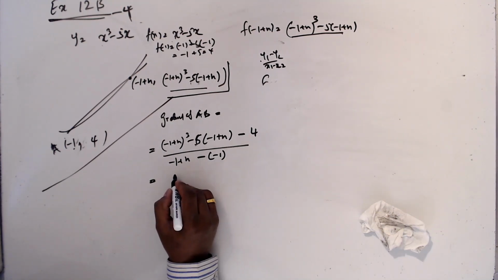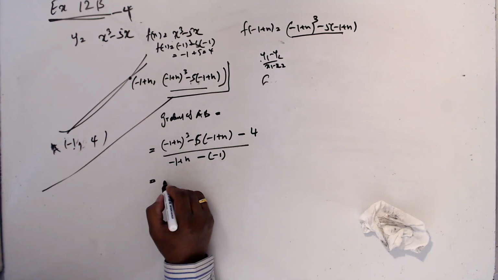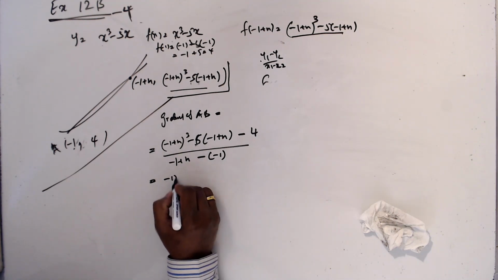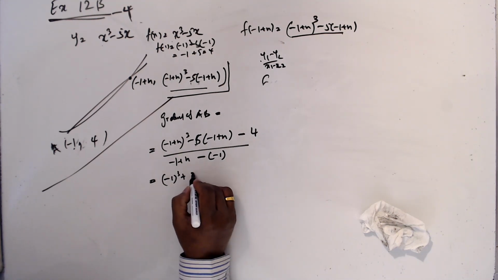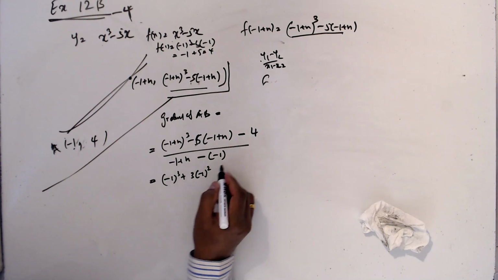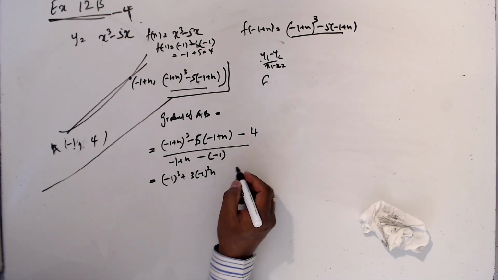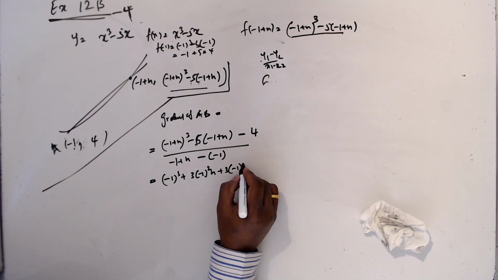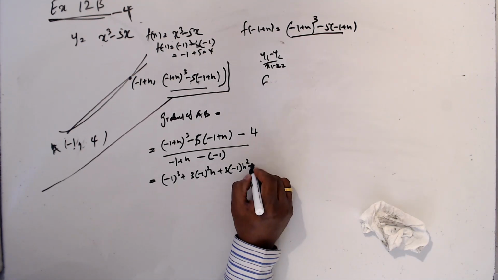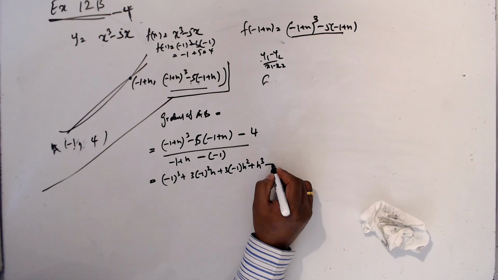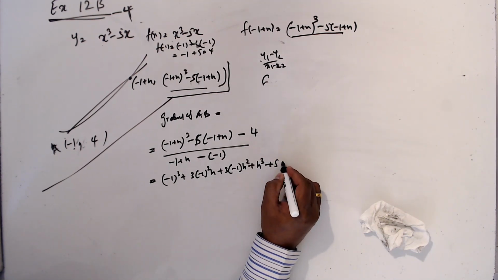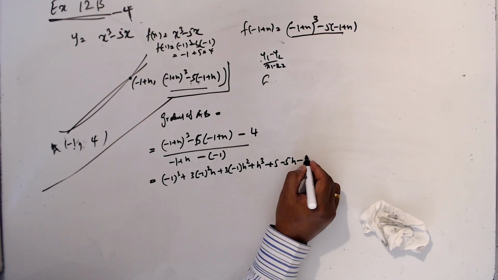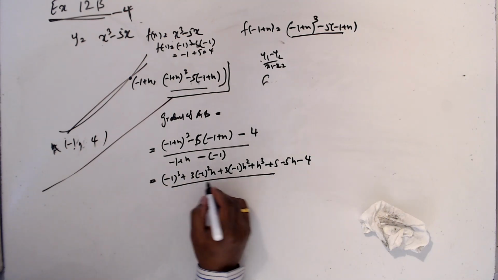So I'll expand this one: (−1)³ + 3 times (−1)² h, then 3 times (−1) h² + h³. This is going to be plus 5 − 5h − 4 over h.